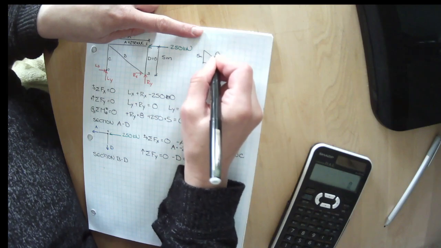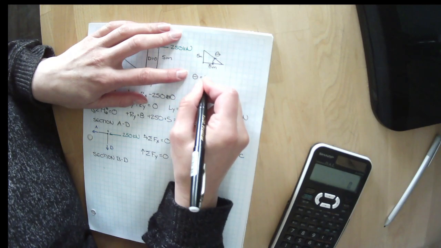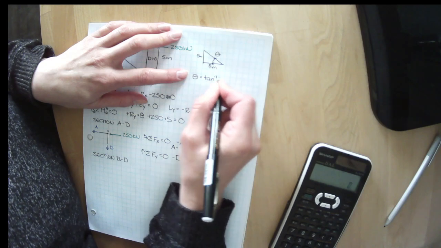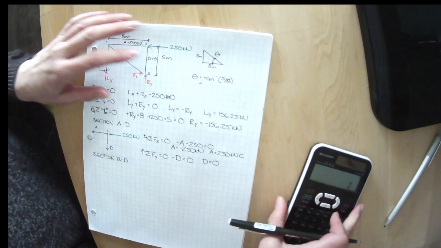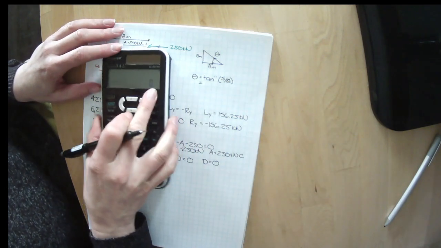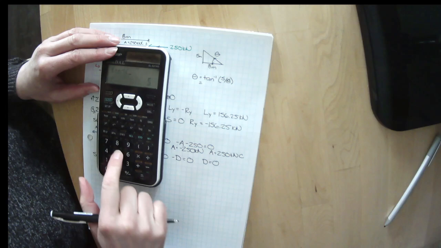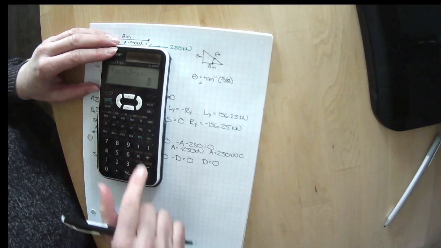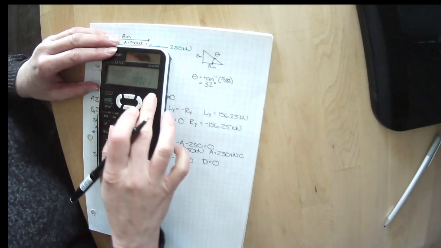We can find our angle. That's opposite, that's adjacent. We know that the angle equals the inverse tangent of opposite divided by adjacent, or our angle equals the inverse tangent 5 divided by 8, or 32 degrees.